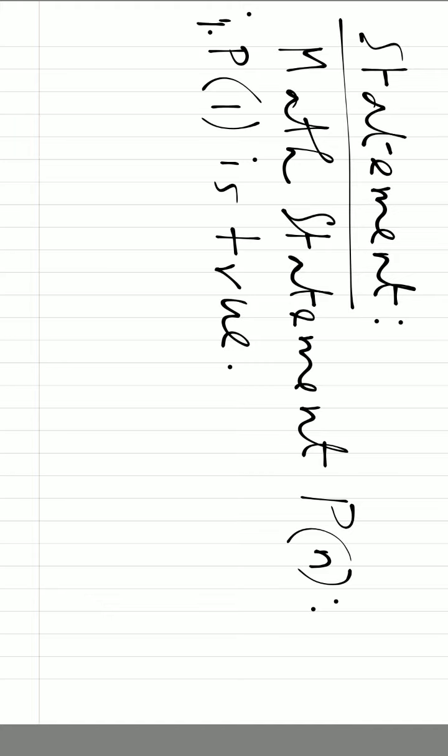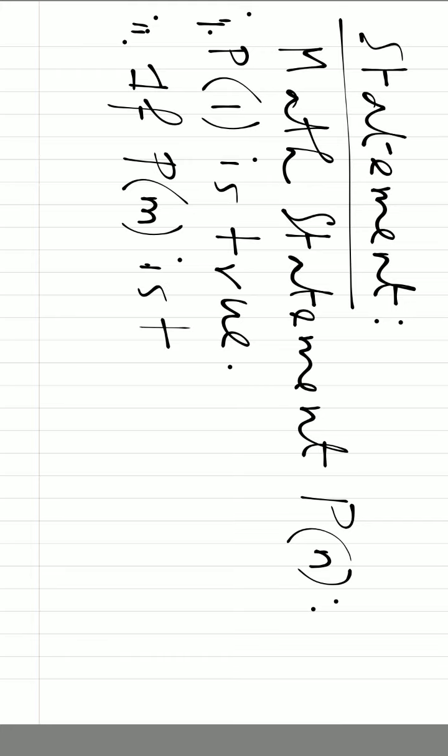This is the first condition. The second condition is this: if Pm is true, then Pm plus 1 will also be true.